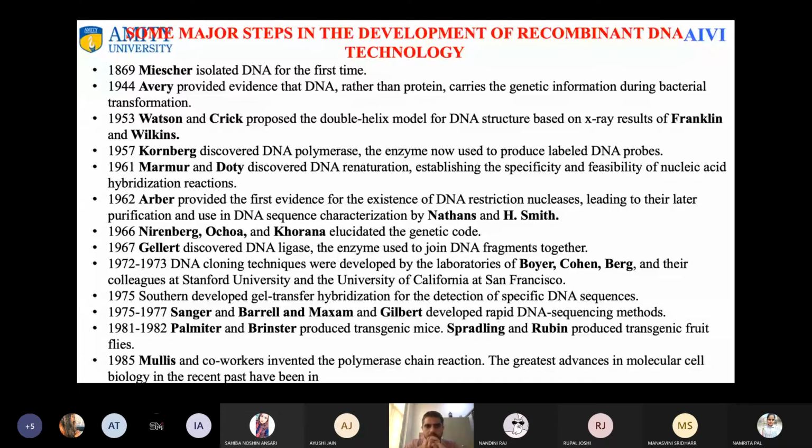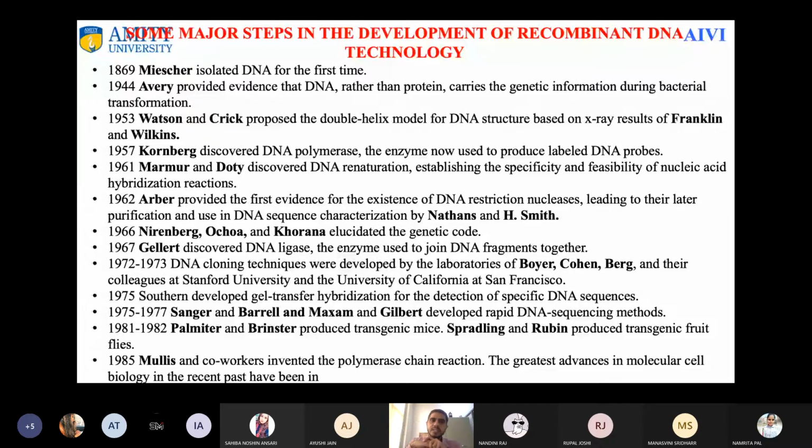Okay, so here there is a timeline, and the timeline describes some important discoveries. The first, if you see, is in 1869, the scientist named Miescher, and his important role is that he isolated the DNA. Because the name that we are talking about is recombinant DNA technology, the first thing is, if you don't have DNA, if you are unaware of DNA, then you can't do anything.